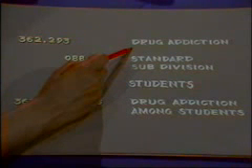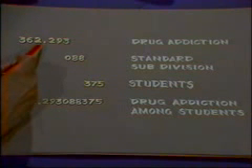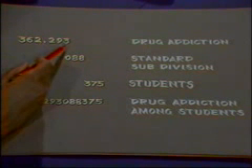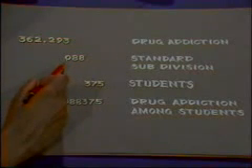The number for drug addiction is 362.293. Under this number, there is no direction to add notations from Table 7. In this case, we add the standard subdivision notation 088.